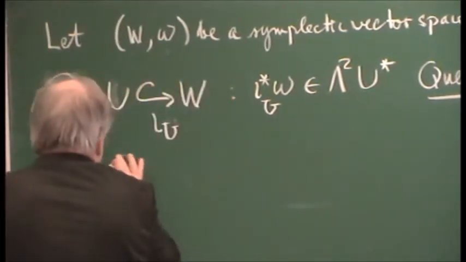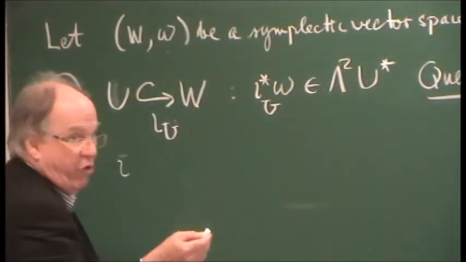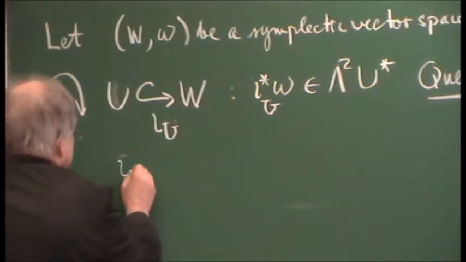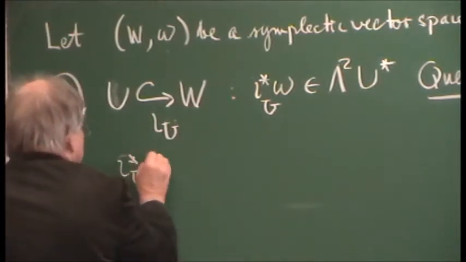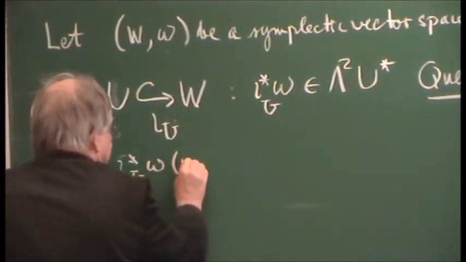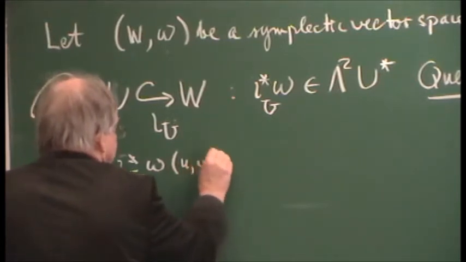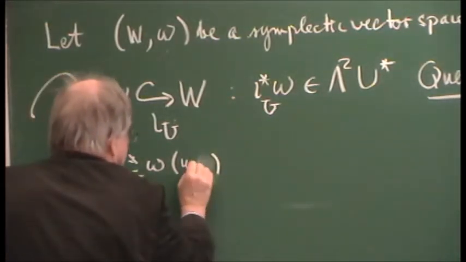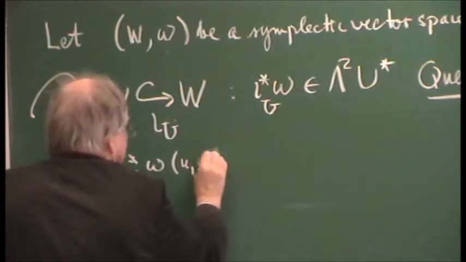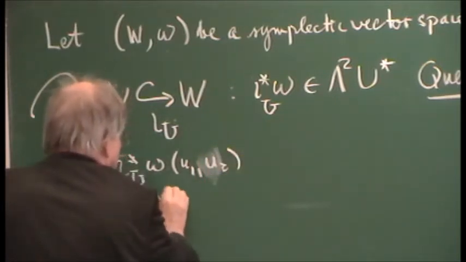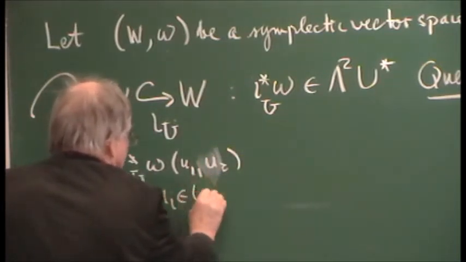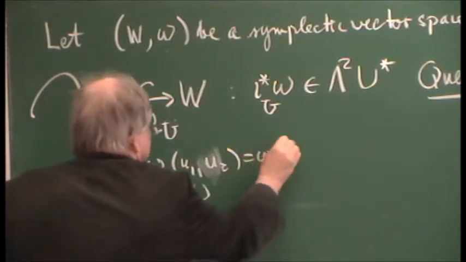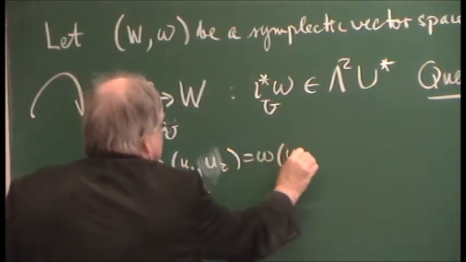Yes, I'm just restricting the form. So the pullback of omega at U1, U2 is just omega of U1, U2. It's the same thing, right? That's what you're saying, Michael.